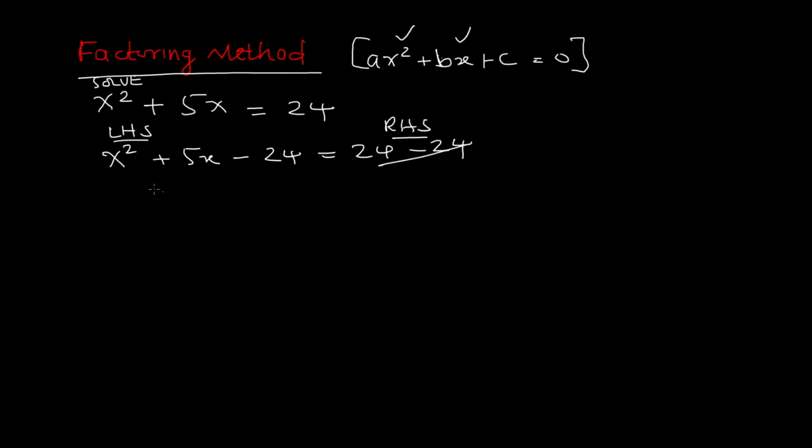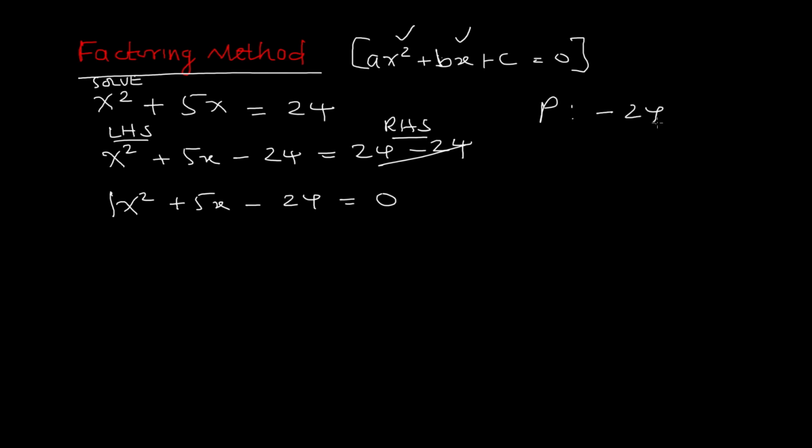So we've taken those off, then this equation becomes x squared plus 5x minus 24 equal to 0. Now we look at the factors, so we look at the product first. Product is 1 times minus 24, so it's minus 24.